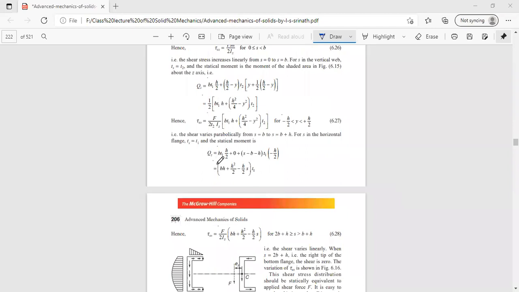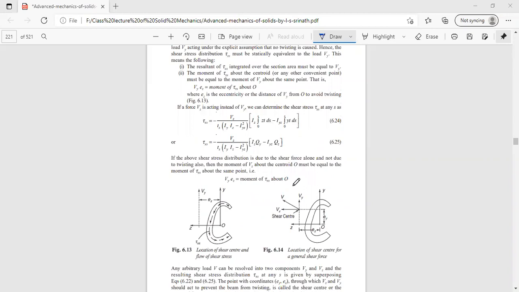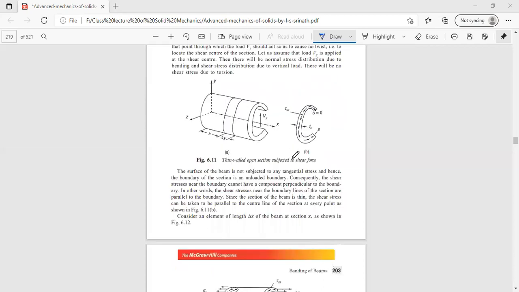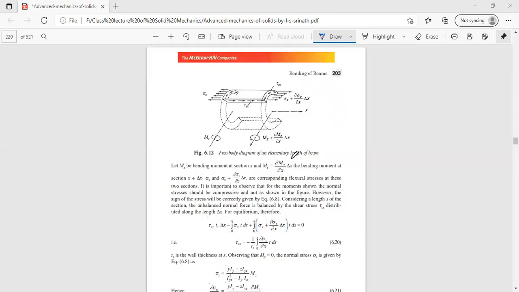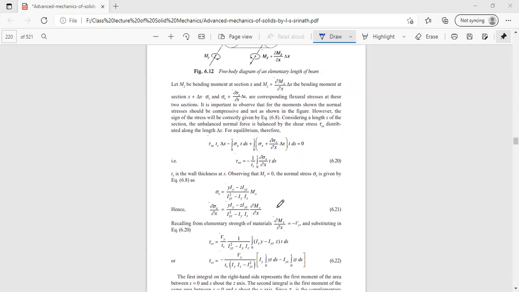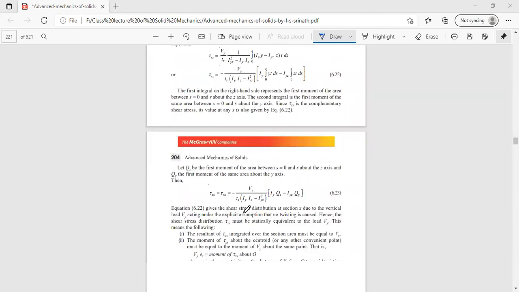Let Oyz be the principal axes, that is, I yz is equal to 0 from equation 6.3, then noting F is negative here. The shear stress is given by the formula tau xs, or sx, is equal to minus By, the vertical load.